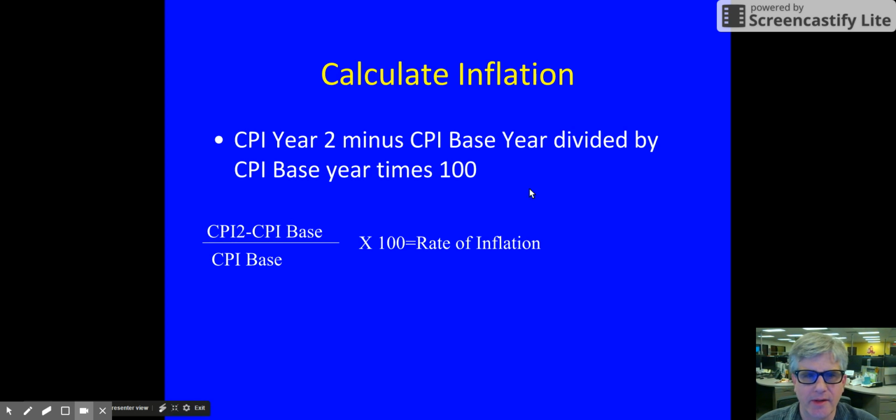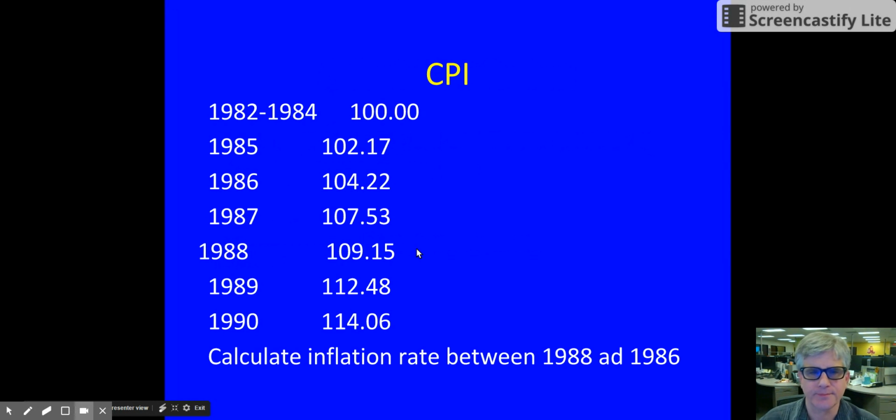Here's how you calculate inflation. We'll do this in class. You take CPI year 2, which is the closest year, minus the CPI base year, which is the farthest year away from you, divided by the CPI base year, times 100. This is what it looks like, and we'll practice with one: CPI 2 minus CPI base, over the base, times 100.